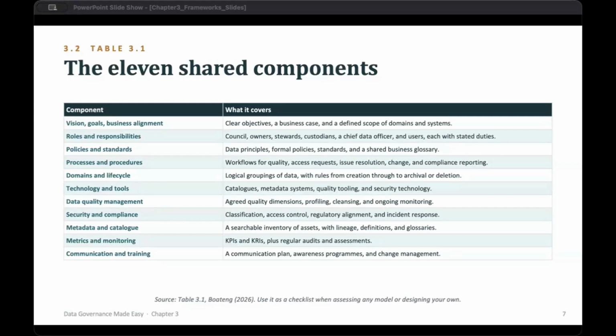So we need to appreciate these dimensions of the data governance framework. Then the policy and standards will come. Then the processes and procedures: workflows for quality, how we are going to achieve access, issue resolution, and compliance reporting.